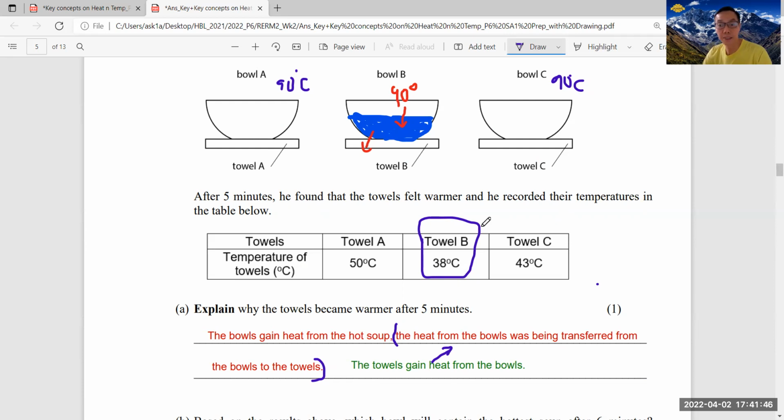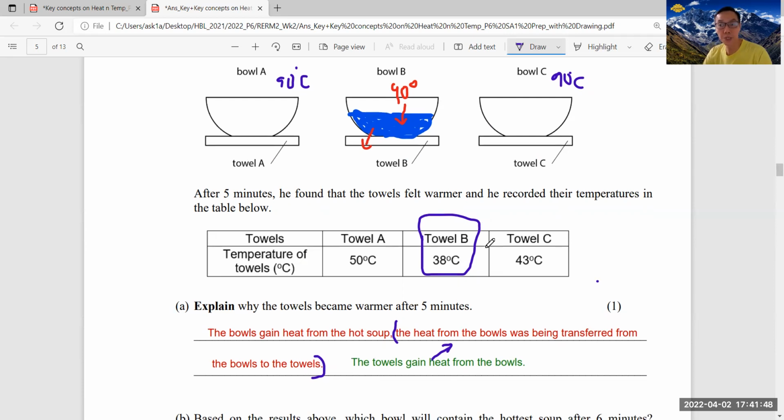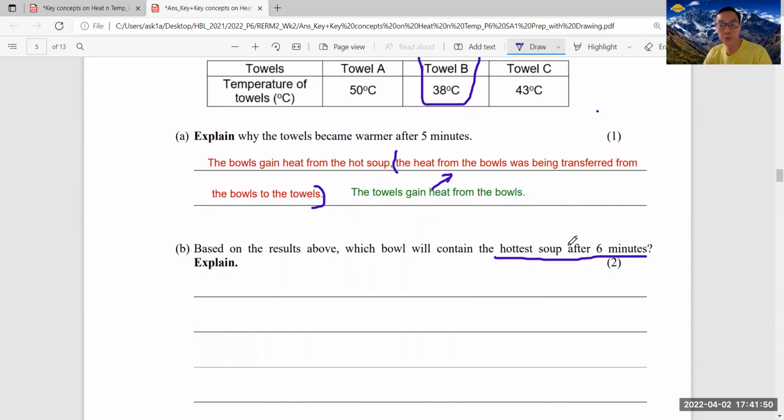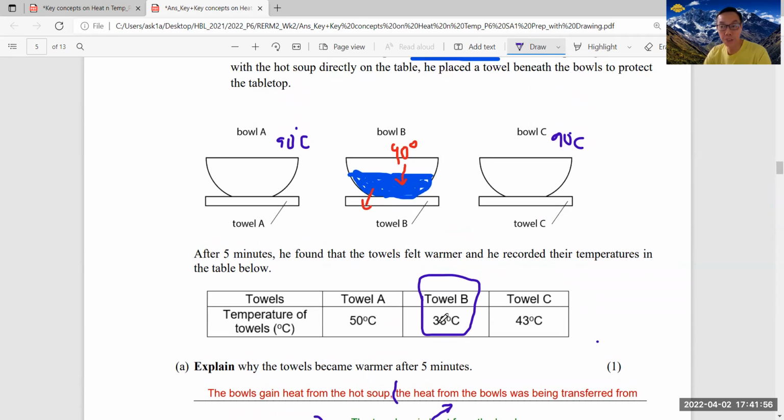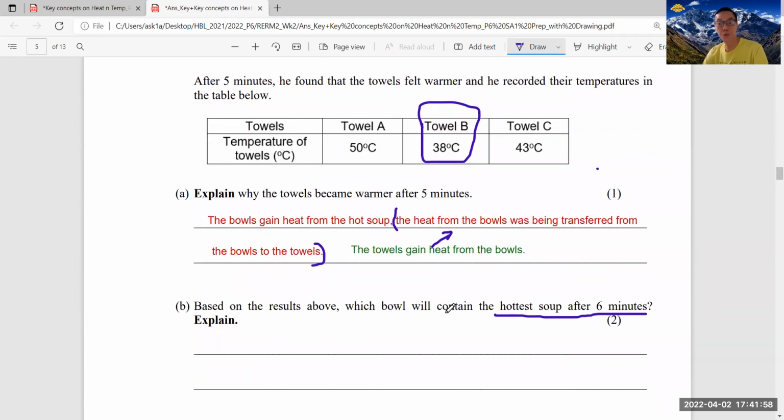So it must indicate the material. If you want to contain the soup and make sure it is the highest temperature, you should use this because it's a poor conductor of heat. So which bowl? I said bowl B. But you must explain using this result.